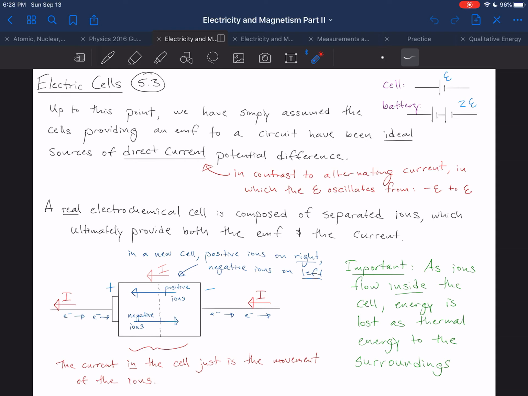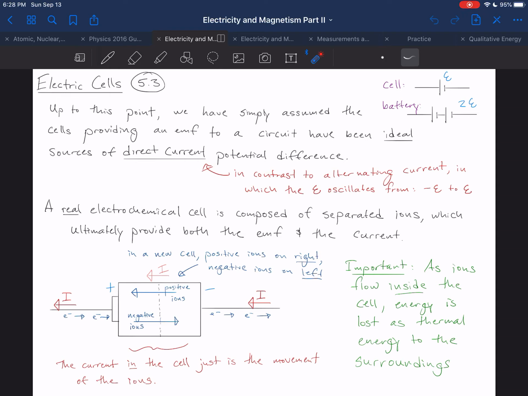And a real electrochemical cell consists of separated ions, and those positive and negative ions flow in the cell to carry the current through the cell as that cell provides energy and current to the rest of the circuit. And in doing so, in a real cell, those positive ions and negative ions do deliver some energy as internal energy of the cell itself or heat loss to the surroundings.